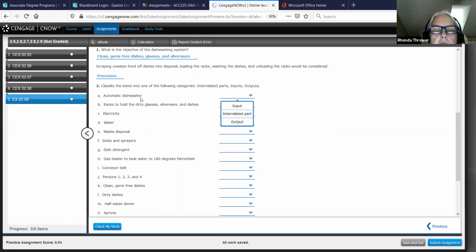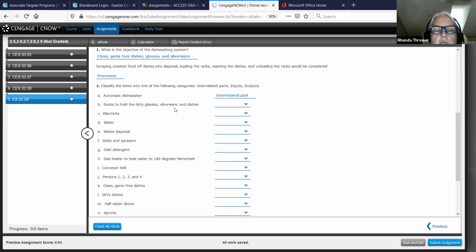The automatic dishwasher would be considered an interrelated part to getting the dishes clean. So of the categories, it's not necessarily considered an input or an output. Those would be the things that we would need to make the dishes clean. The output is the clean dishes, basically. So the interrelated part would be what is considered to be the automatic dishwasher.